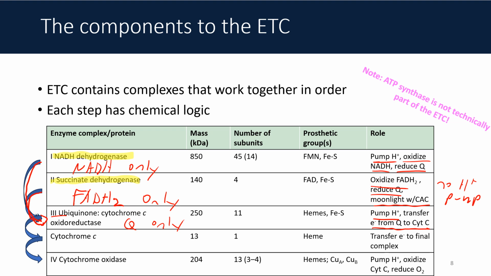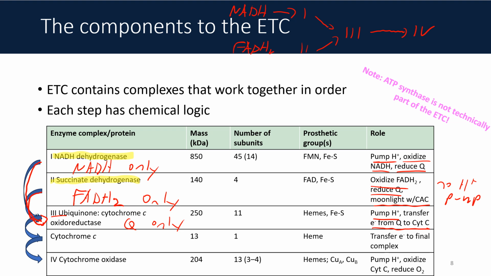We would have electrons from complex 1 and complex 2 converge into complex 3. And then it sends its electrons on to complex 4. NADH is the electron donor for complex 1.